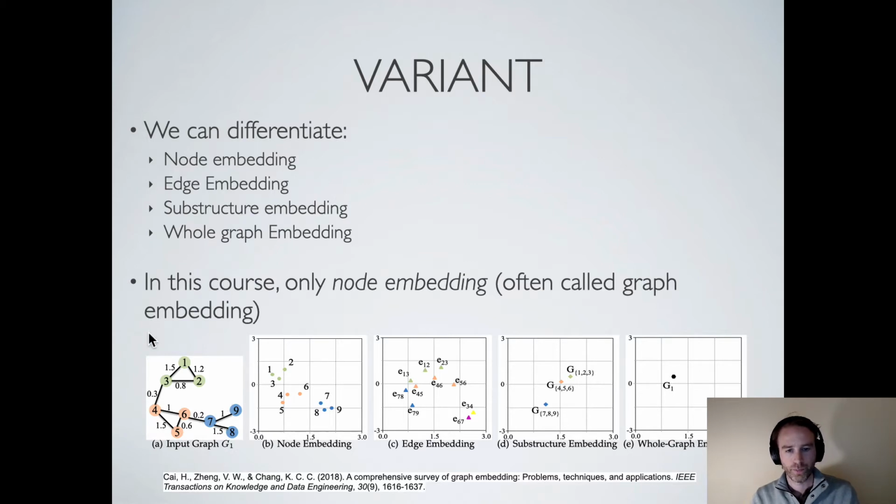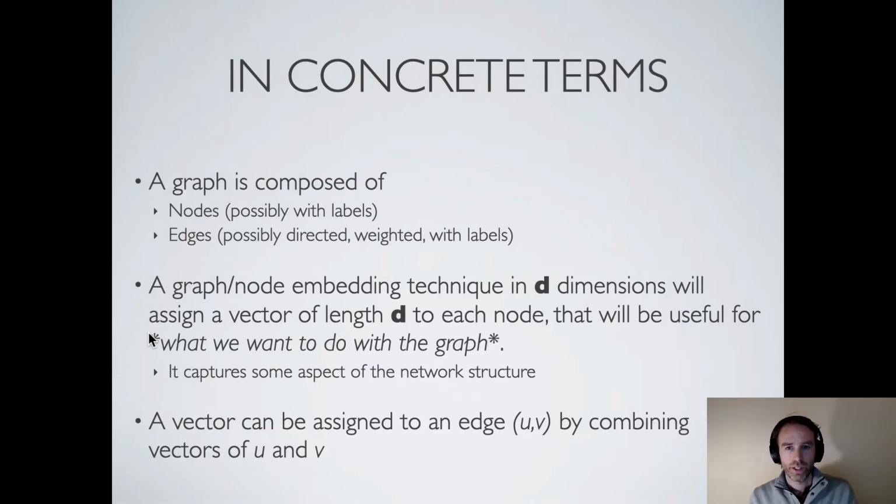In concrete terms, if I do an embedding in D dimensions, it means that for each node, if I do node embedding, I will assign one vector of size D. So for each node, I will assign D values, and the point is to use them later.